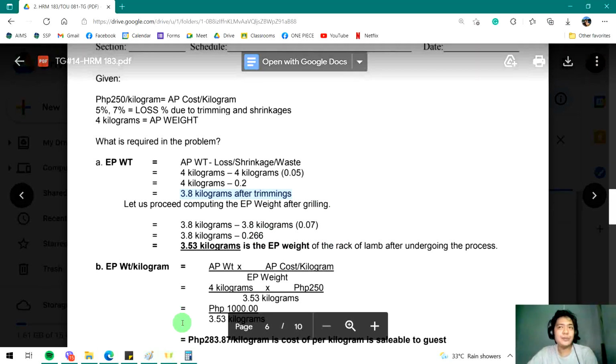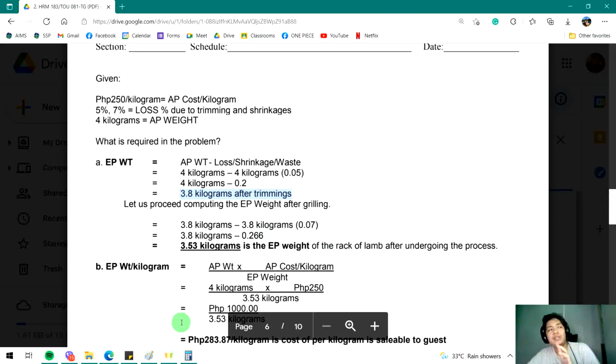So, yun yung natural na proseso ng pagkuha ng wastage natin. Kasi, usually naman, sa real life scenario natin, ang given talaga dyan is yung AP weight tsaka EP weight. Kasi, ang AP weight natin is, binili natin yung mga ingredients. EP weight naman natin is after ng buong proseso, gaano karami yung natira doon sa ingredients natin.